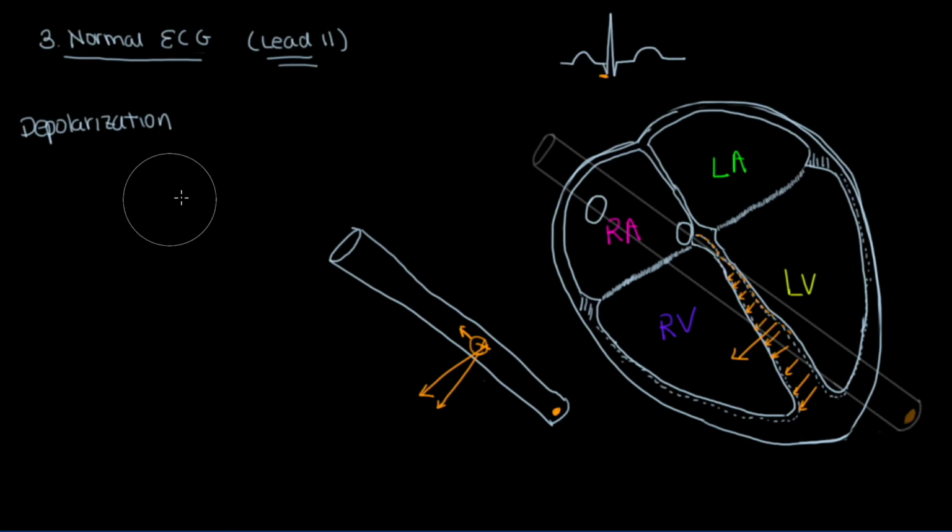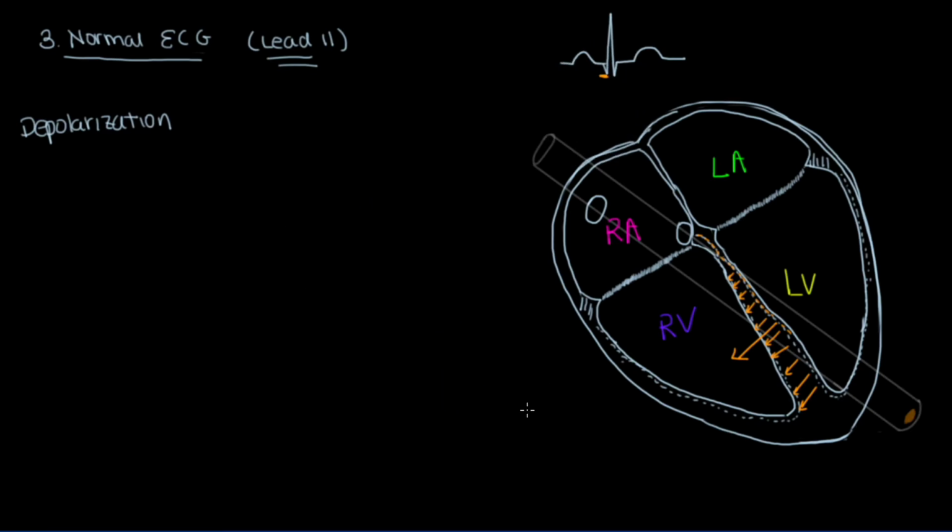And okay, so now that we know why the little negative deflection happens, we can move on to the next portion, the fun part where we actually get to depolarize the ventricles. So say the His-Purkinje portion finished depolarizing here, and we see the first part of the ventricle start getting depolarized.